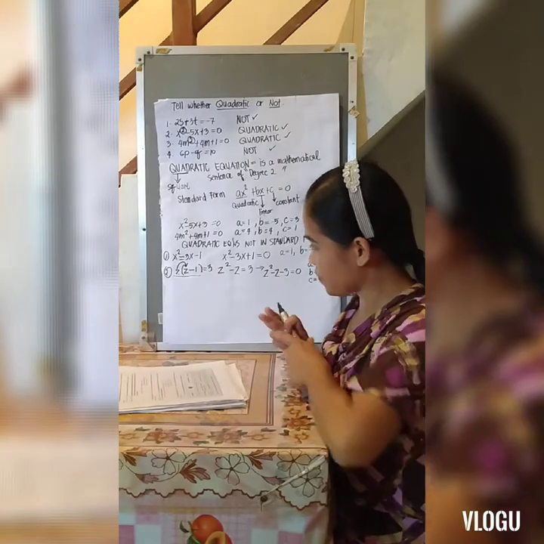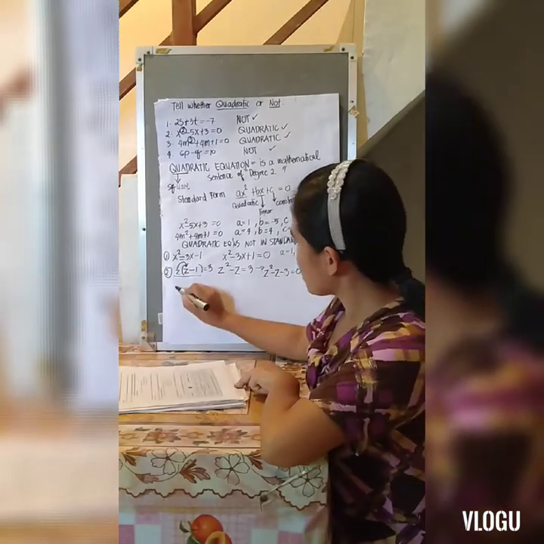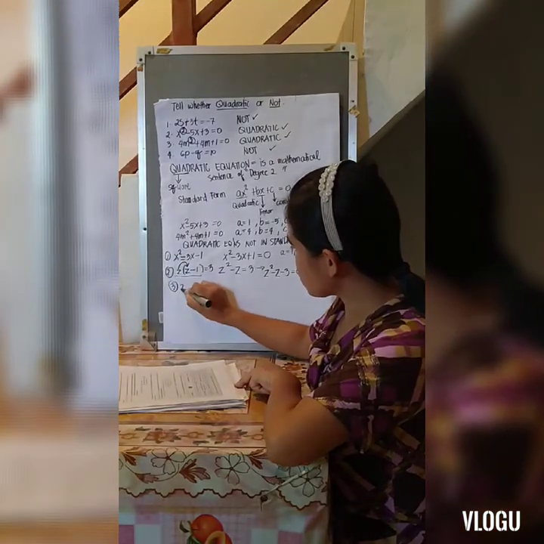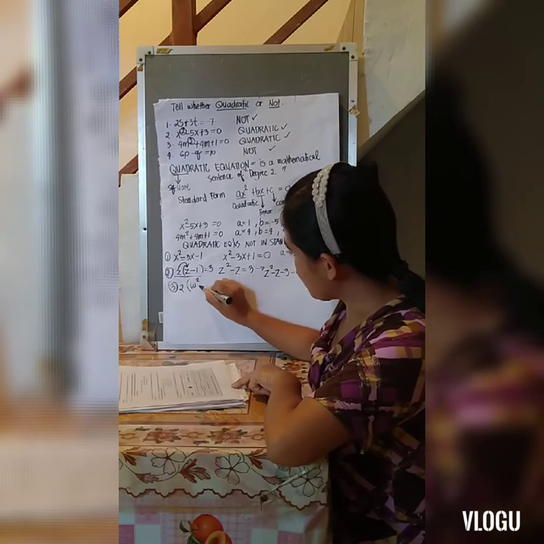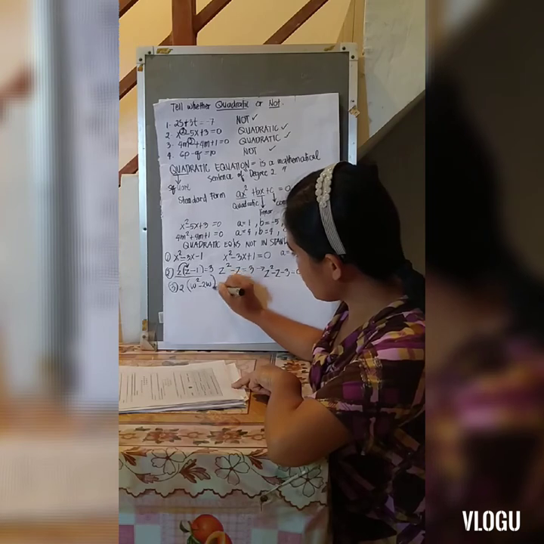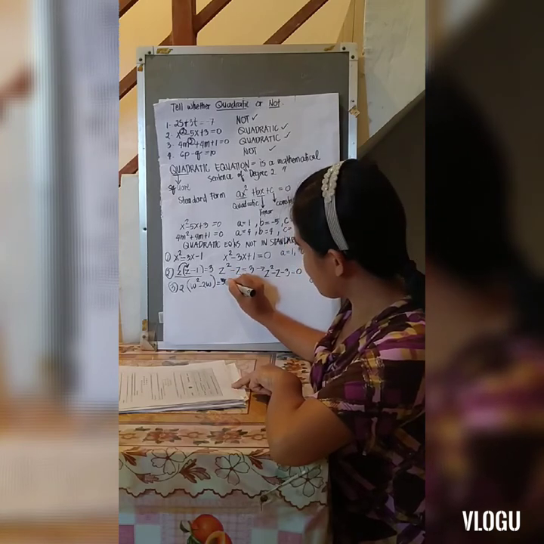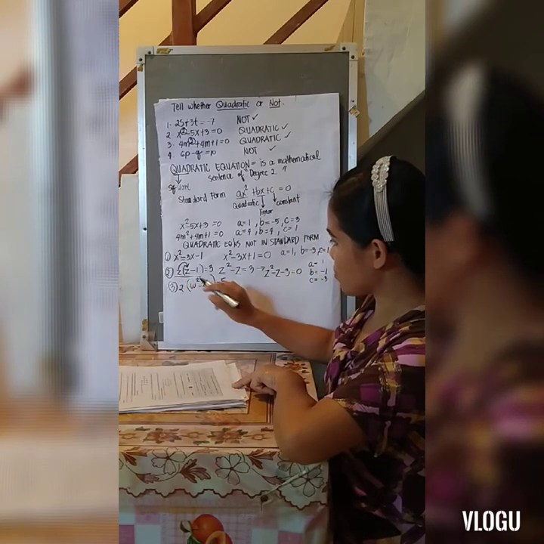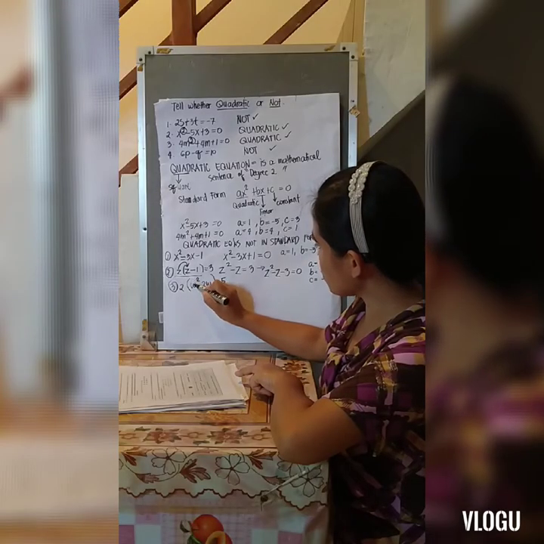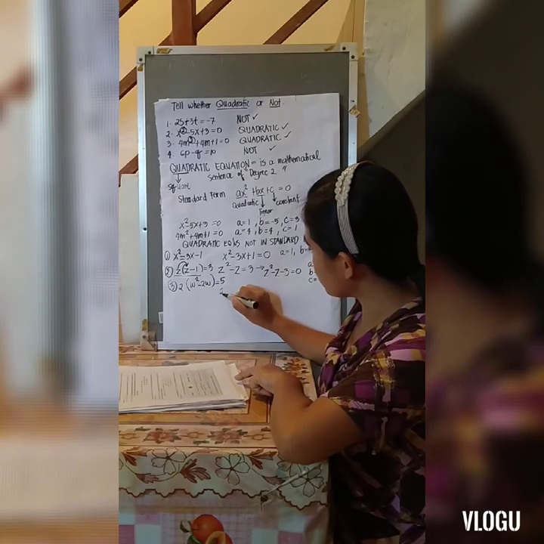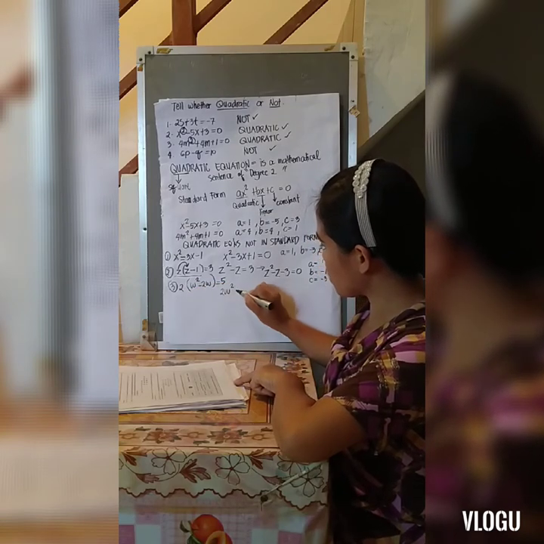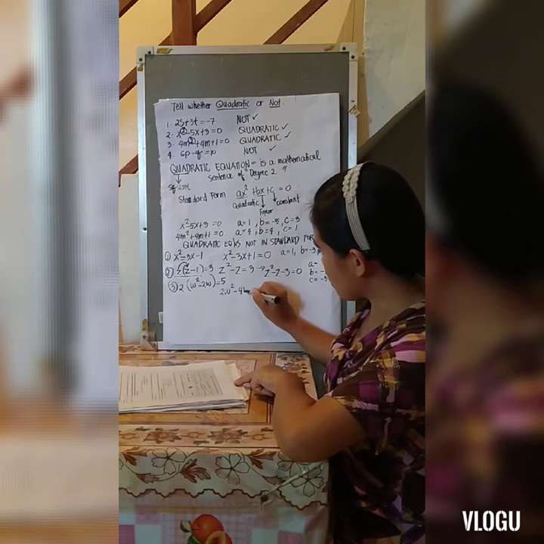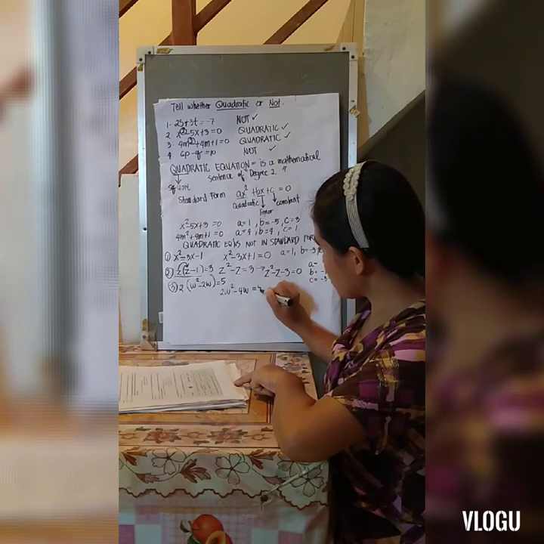Let's have another. Let's have number 3: 2 times the quantity w squared minus 2w equals 5. Again, you distribute. You multiply 2 to w squared, you will get 2w squared. 2 times negative 2, you will have negative 4w equals 5.